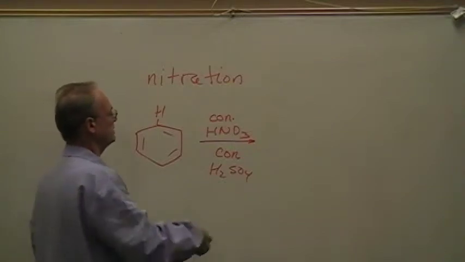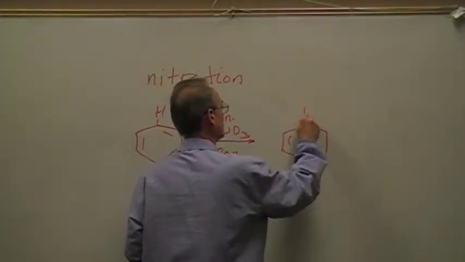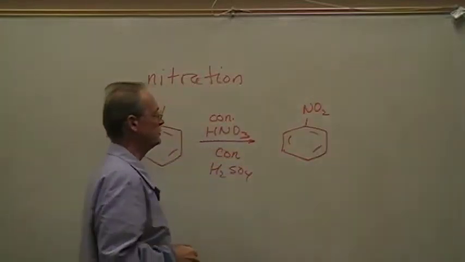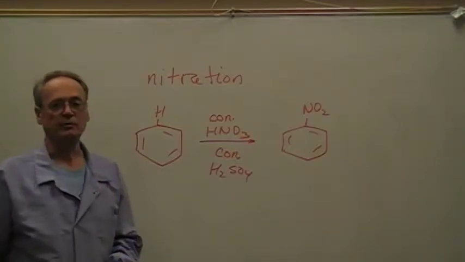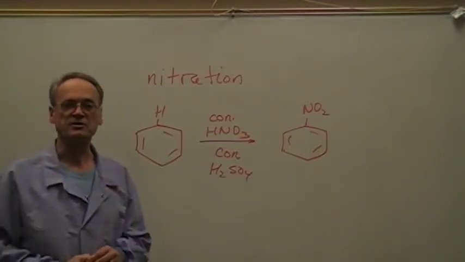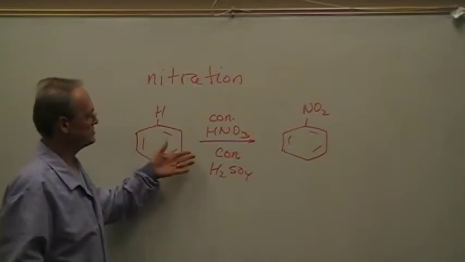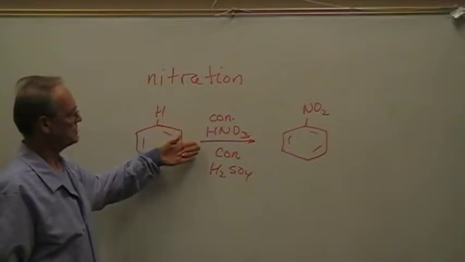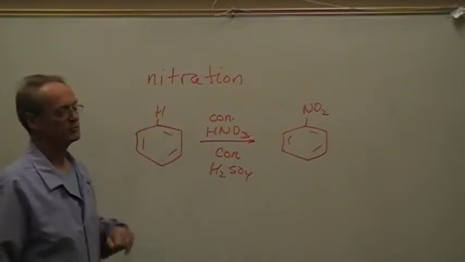The net result is that we will attach a nitro group onto the benzene ring in place of hydrogen. So hydrogen will be replaced. We will write the balanced equation for this reaction when we consider the mechanism of the reaction, which we'll do in a future video. But for now, we'll just outline what is the reagent. Essentially, we'll write it as nitric acid and sulfuric acid. Then you replace the hydrogen with a nitro group.